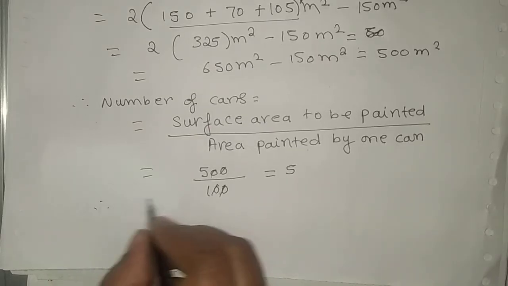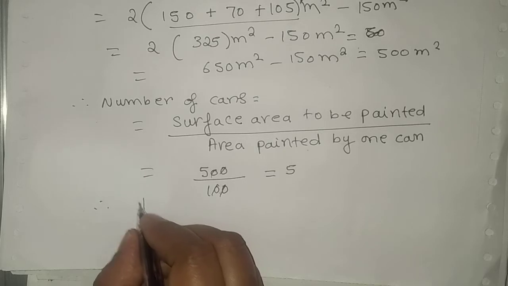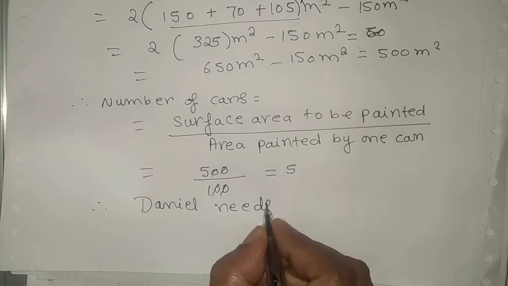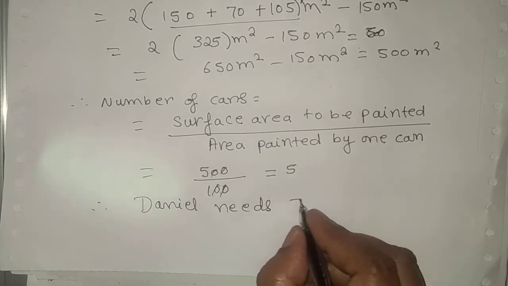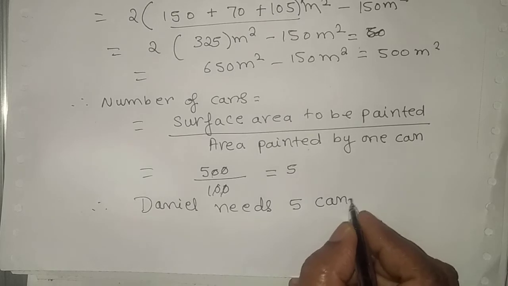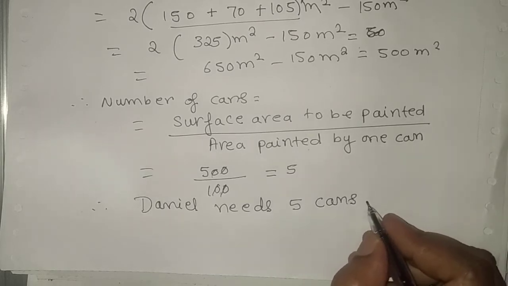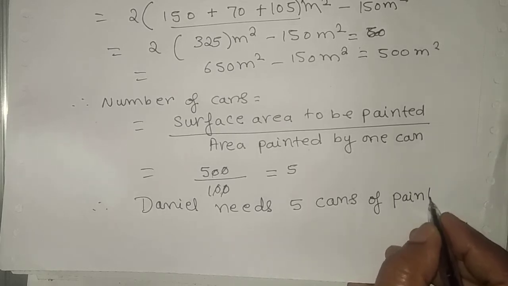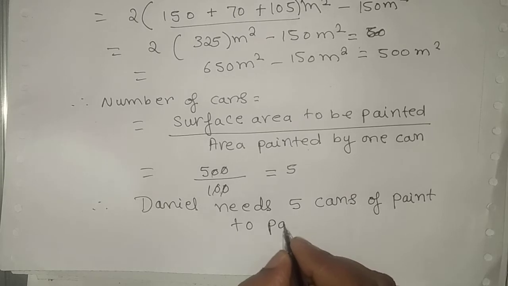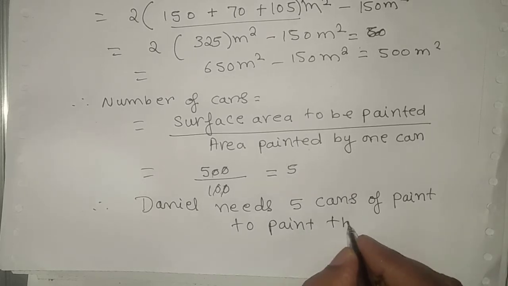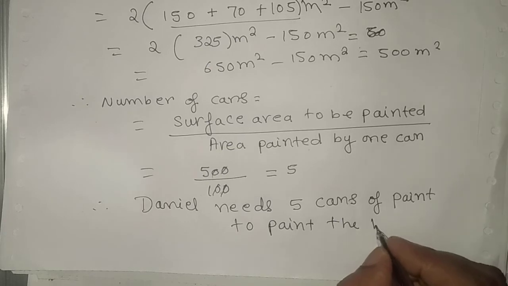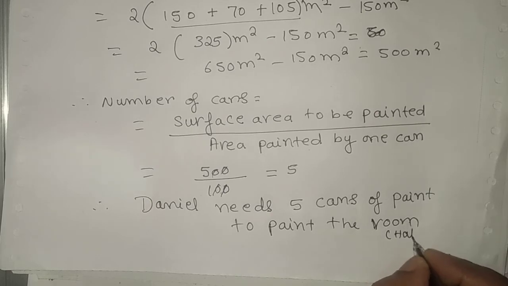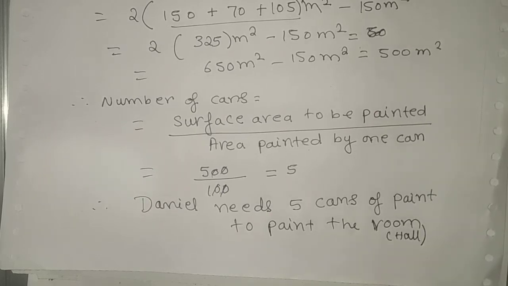Therefore Daniel needs 5 cans of paint to paint the room or the hall. So this is the solution for the 5th problem.